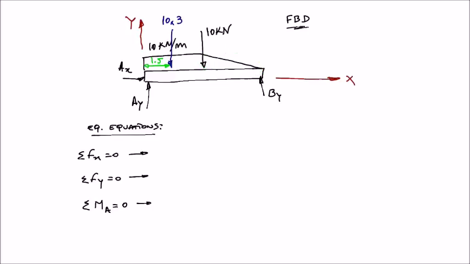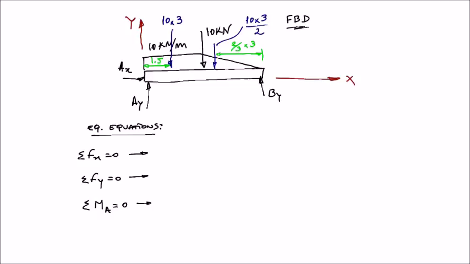So basically I'm going to replace this distributed load with this force, and this distance from here to here is going to be 2/3 of 3 meters. And this equivalent force is equal to the area of the triangle, so it's going to be equal to 10 times 3/2.